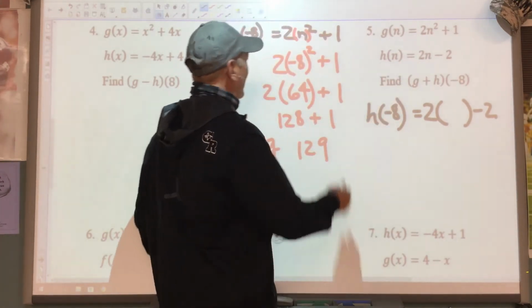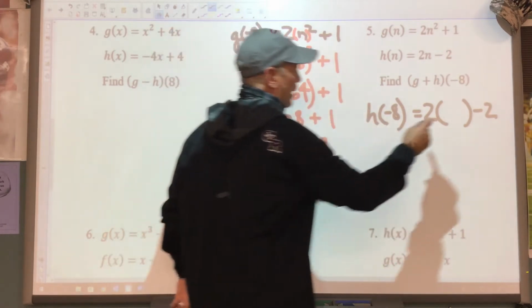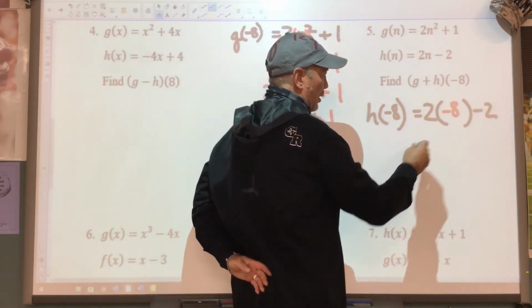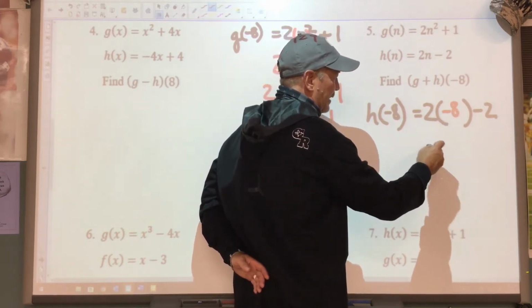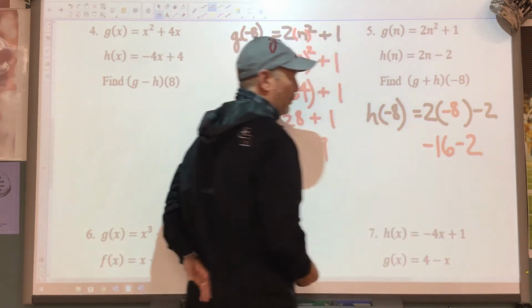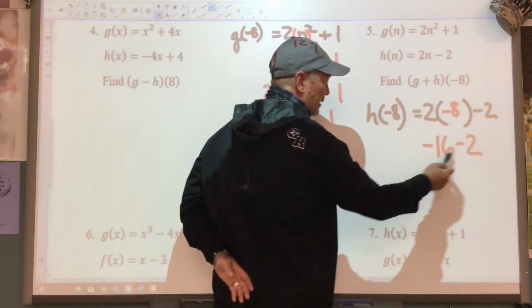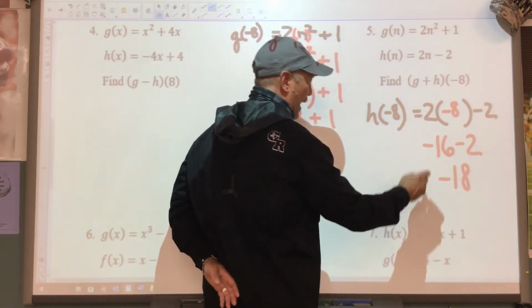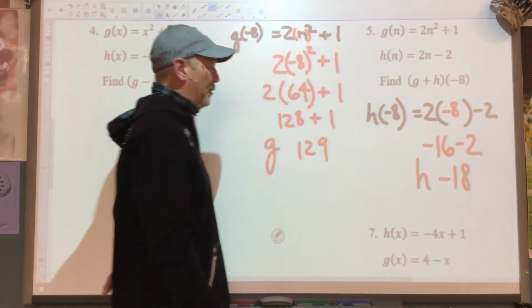So we're going to put in a negative 8 right there. 2 times negative 8 is a negative 16 minus 2. Negative 16 minus 2 is a negative 18. That is our h function value.